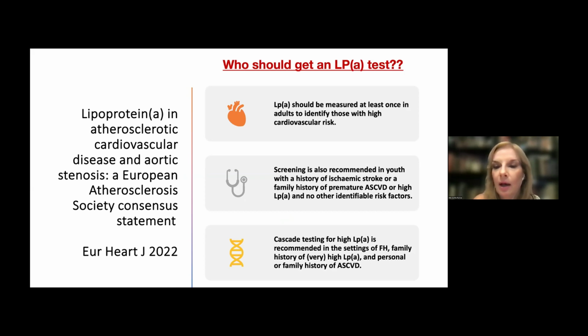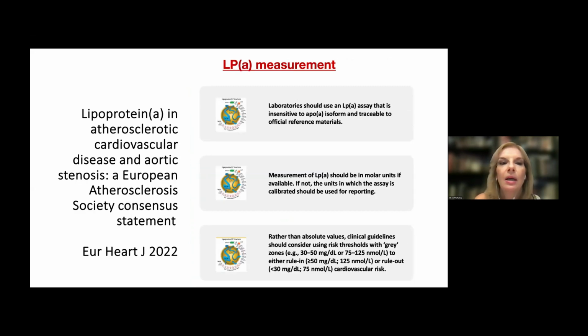However, cascade testing for high LPA is also recommended in the setting of familial hypercholesterolemia, family history of very high LPA, and personal or family history of atherosclerotic disease. There are also several issues with LPA measurements. The laboratory should use an LPA assay that is insensitive to apo(a) isoform size and traceable to official reference material, should report in molar units and not in milligrams, and clinical guidelines should consider using risk thresholds with gray zones.